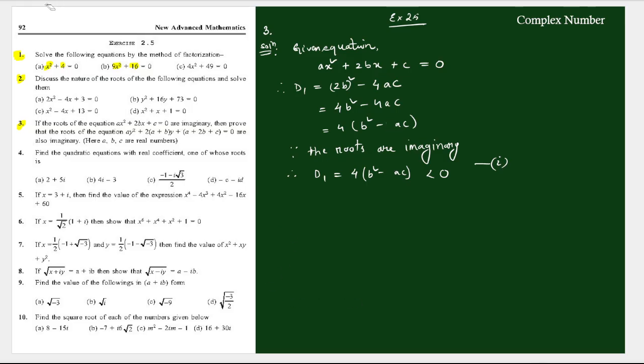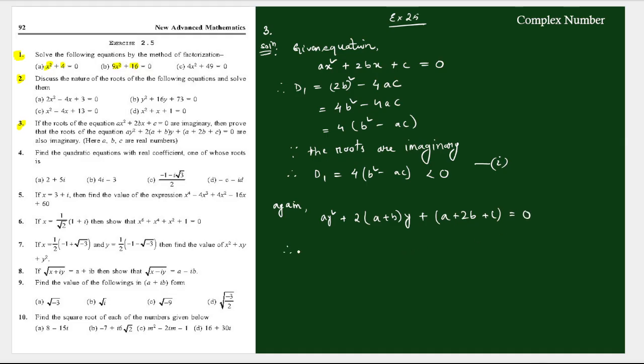Now let's come to our second equation again. What is our equation? a y square plus 2(a plus b)y plus (a plus 2b plus c), this is equal to 0.